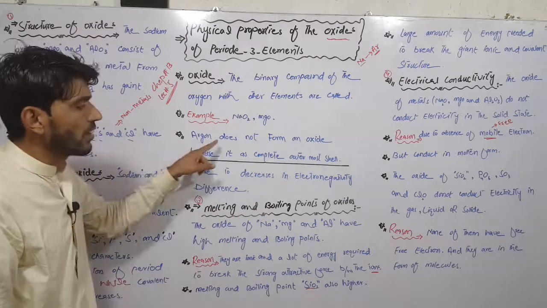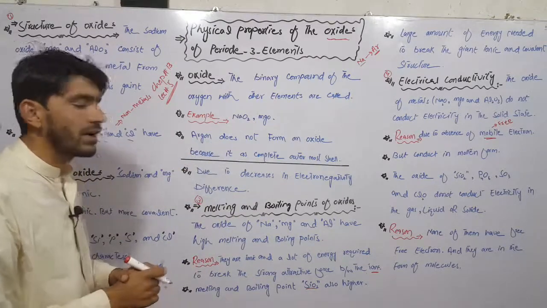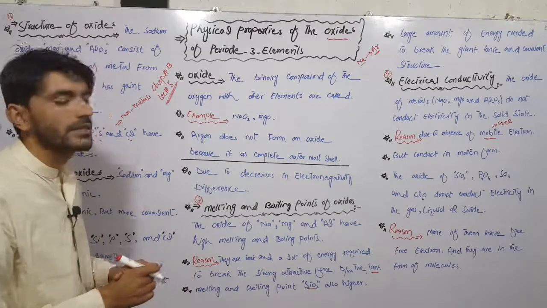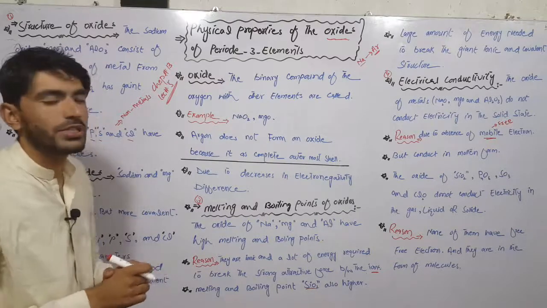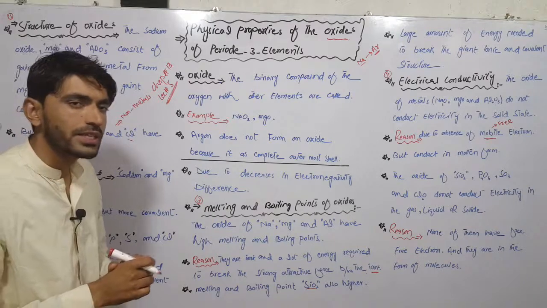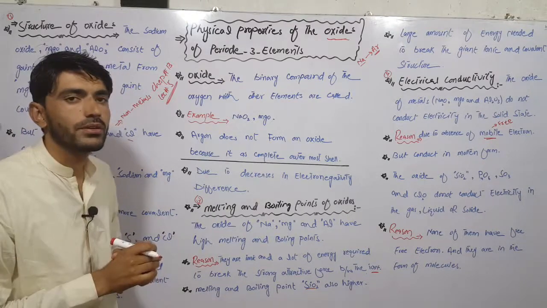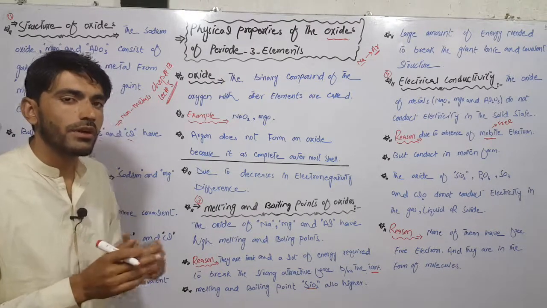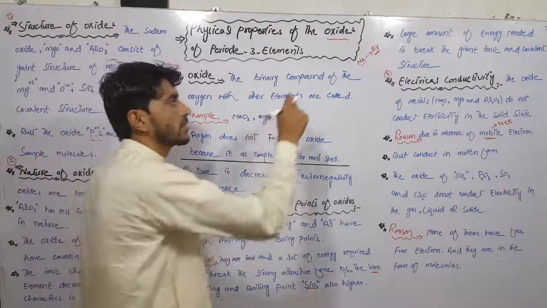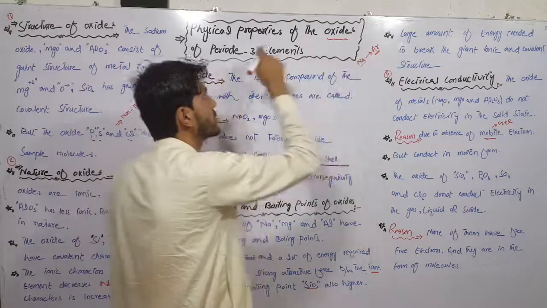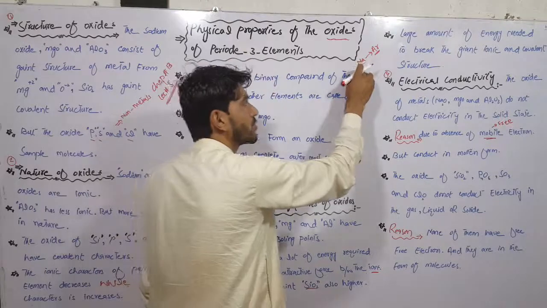Next point, argon does not form an oxide because it has a complete outermost shell. That's why it has no free electrons, so it cannot react with oxygen. We are going to discuss period 3 elements, from sodium to argon.